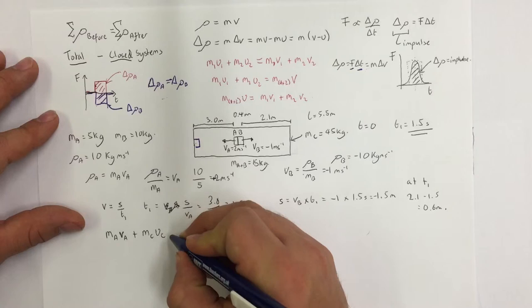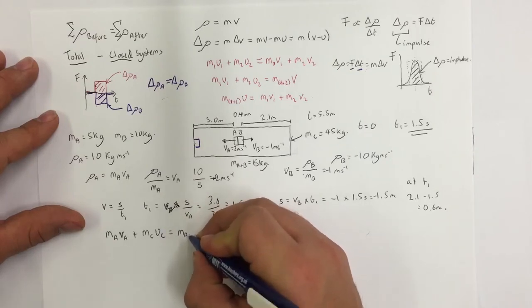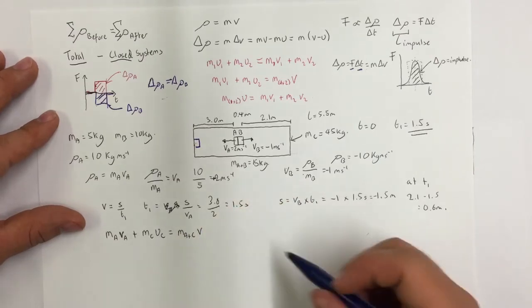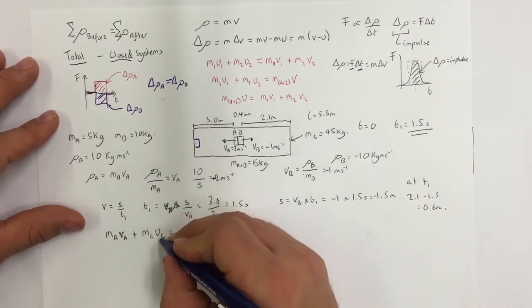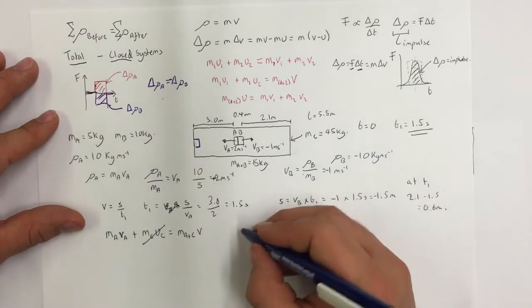The initial velocity of the container is going to be equal to the mass of A plus C and the final velocity of A plus C. So we've already said that since the velocity of the container is 0, this goes to 0. So this becomes quite straightforward.